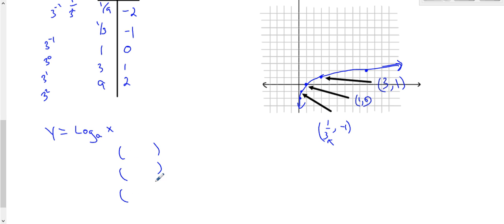If I have a -1, that's going to give me the reciprocal of my a, 1 over a. If I have a 0, that's going to be 1. If I have a positive 1, a to the first is a.